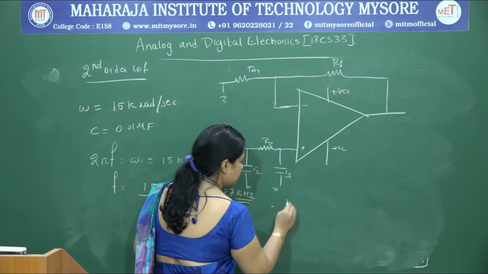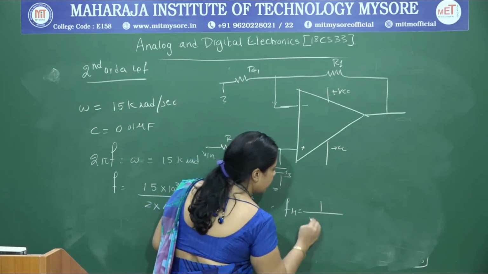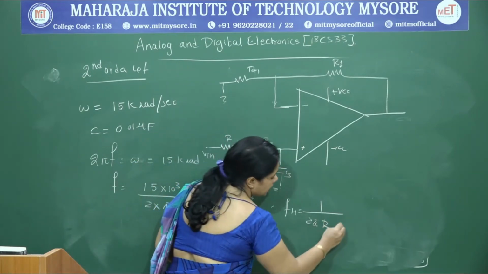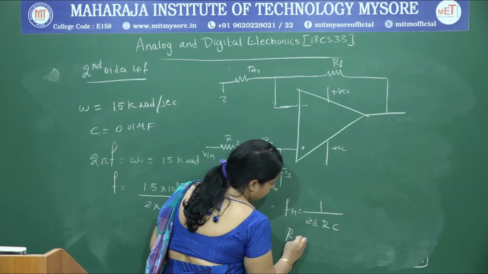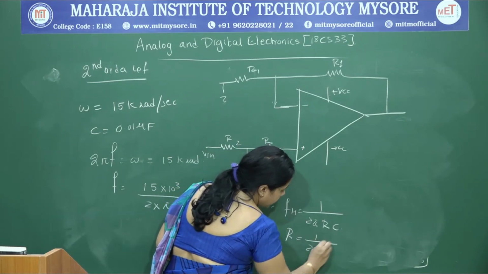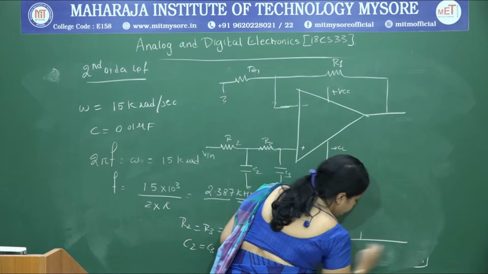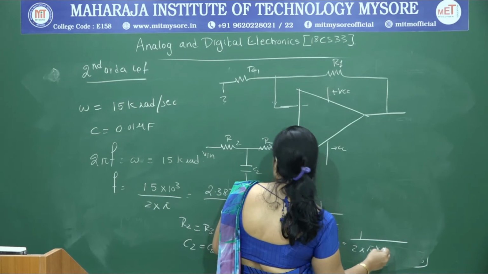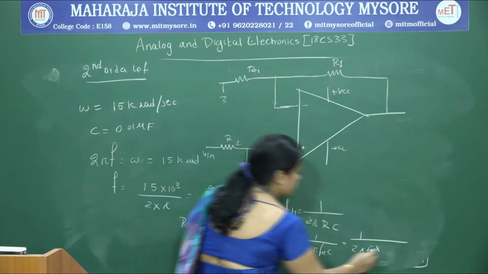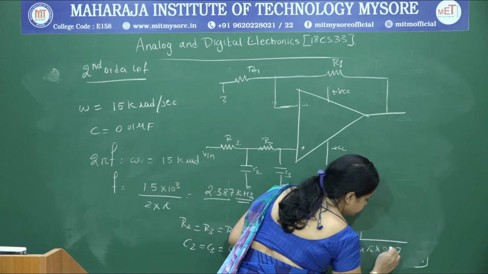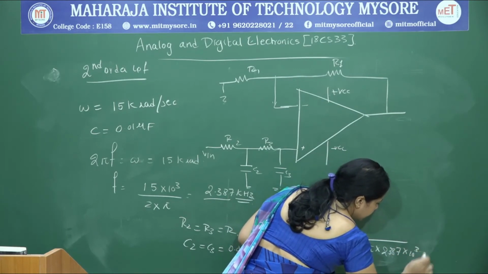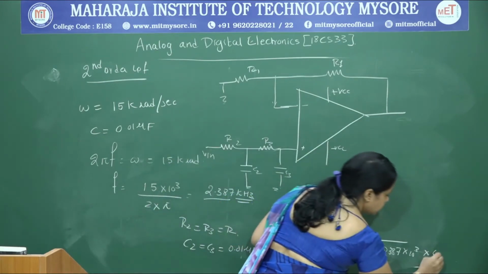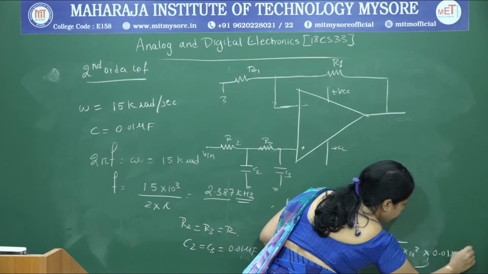So substitute this. The frequency FH is 1 by 2 pi square root of R2, R3, C2, C3, and because we have taken identical values, it is RC. Find the corresponding value of R, which is going to be 1 by 2 pi FH C, that is 1 by 2 into pi into FH. FH is 2.387 into 10 power 3, and the capacitance value given is 0.01 into 10 power minus 6.